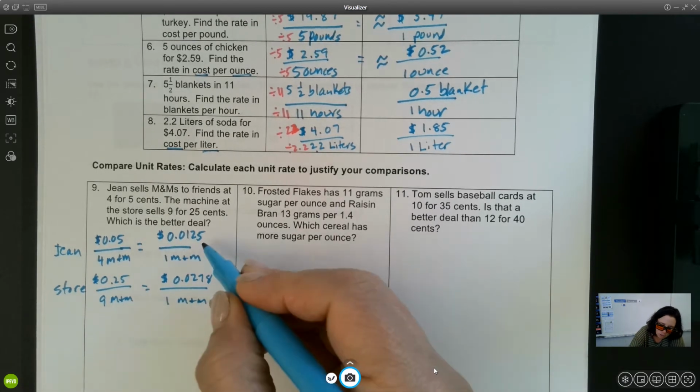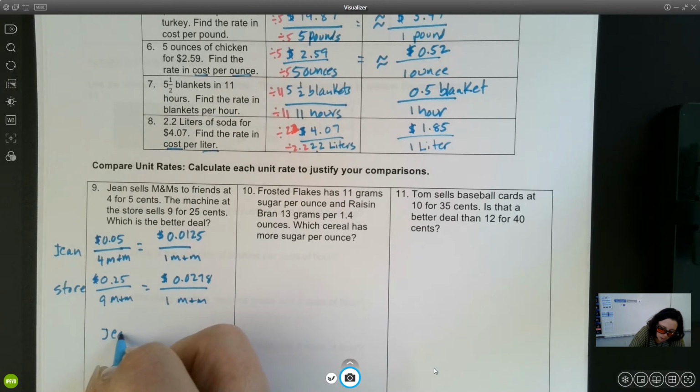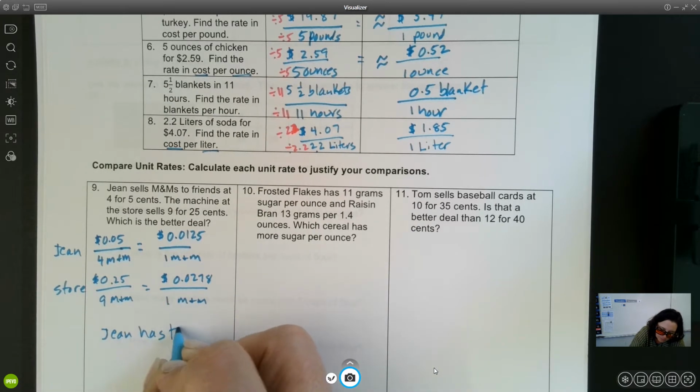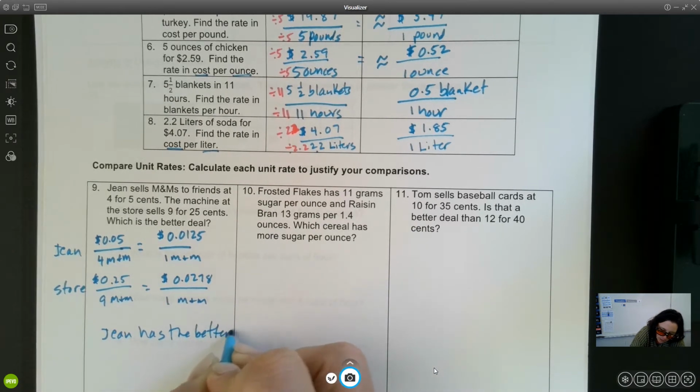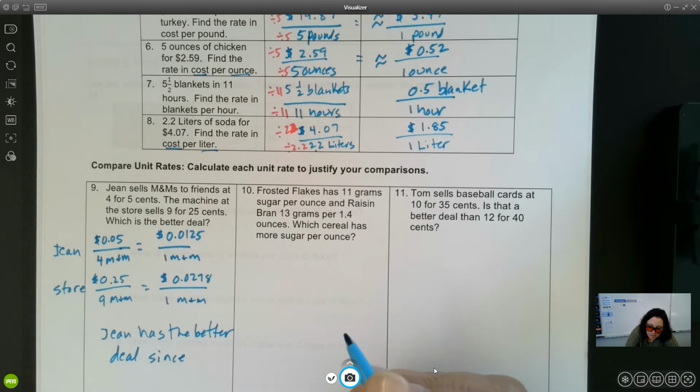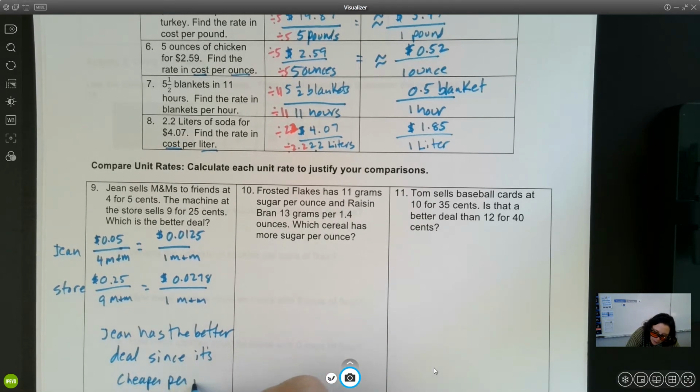Okay, so Jean has the better deal. Since, and always give a reason, since it's cheaper per M&M.